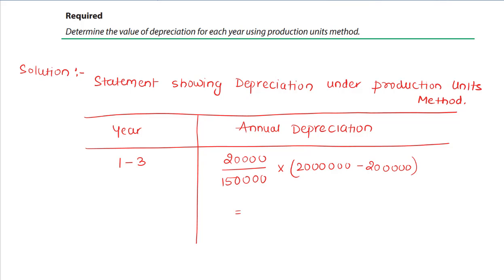Solve it on your calculator. 20,000 divided by 1,50,000 multiplied by 18 lakhs. It is rupees 2,40,000.